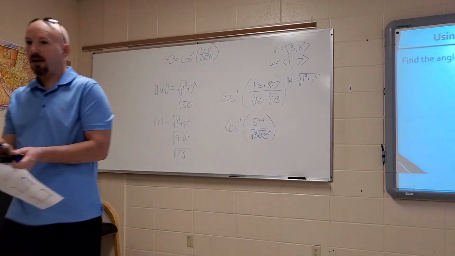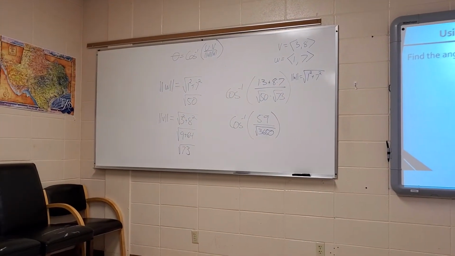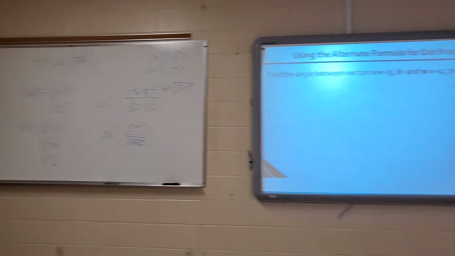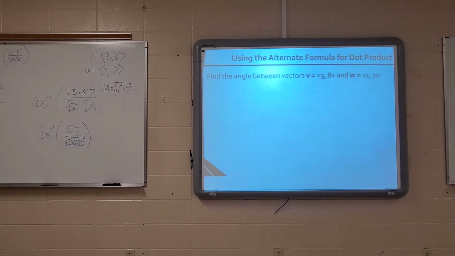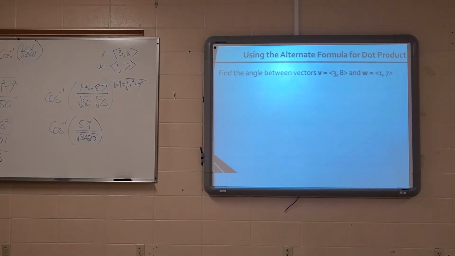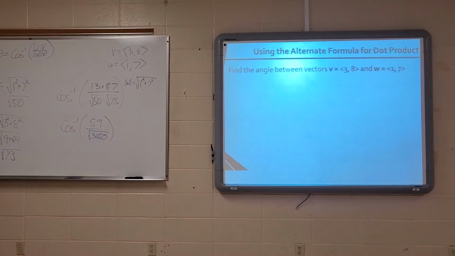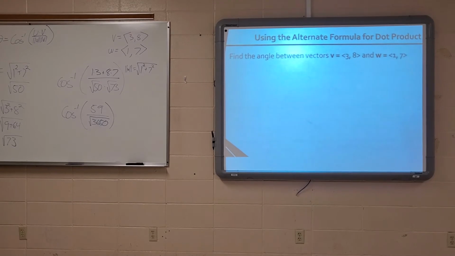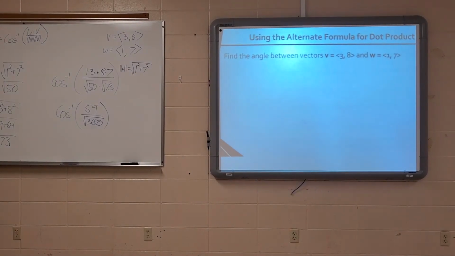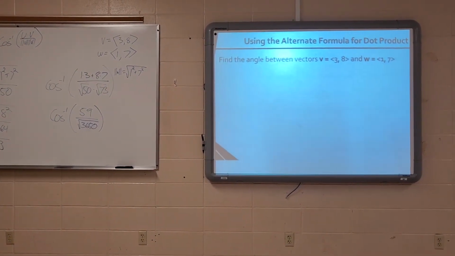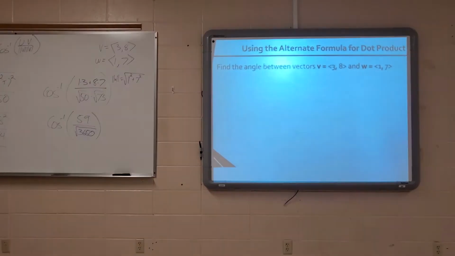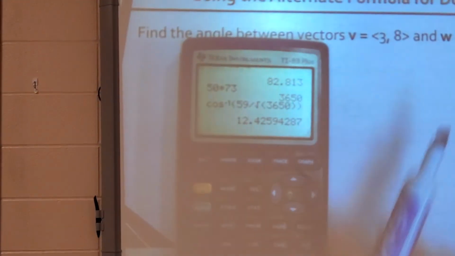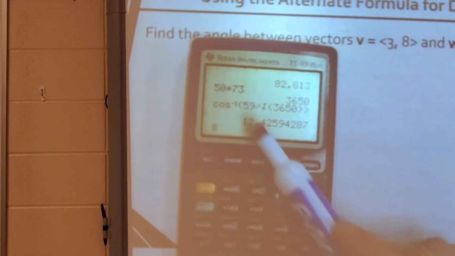Okay, so I'm gonna put the calculator over here so they can see what I'm doing. Alright, so once you get there, you can just put this in the calculator.